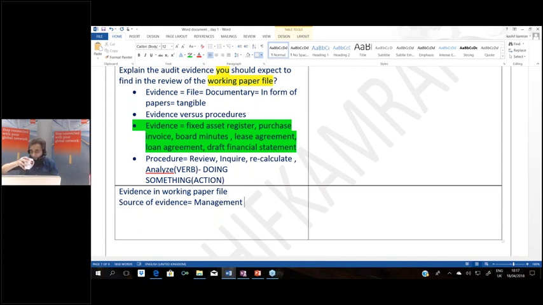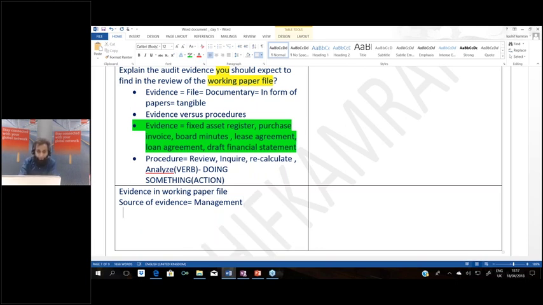Management gives me evidence, right? If I look at my examples above, fixed asset register, who must have given me that? Management. Purchase invoice, who must have given me that? Management. Board minutes, who must have given me that? The management. Lease agreement, who must have given me that? The management. The loan agreement, who must have given me that? The management. The draft financial statements, who must have given me that? The management.